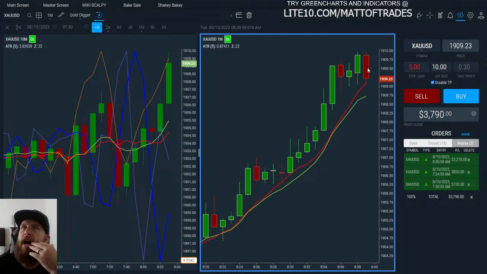I haven't quite decided how I would want to manage my risk in an actual account just yet. I guess it depends on what kind of account it is. Are you doing a prop firm? Are you trying out? Is it your own personal account? I don't know. And we need to determine whether or not this is a profitable strategy. It's looking pretty good so far, but I still have a lot more backtesting.